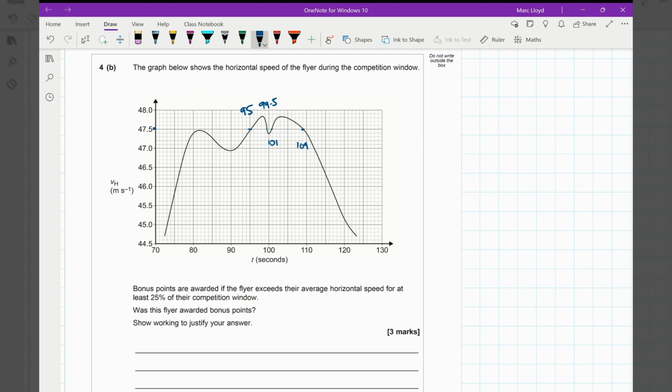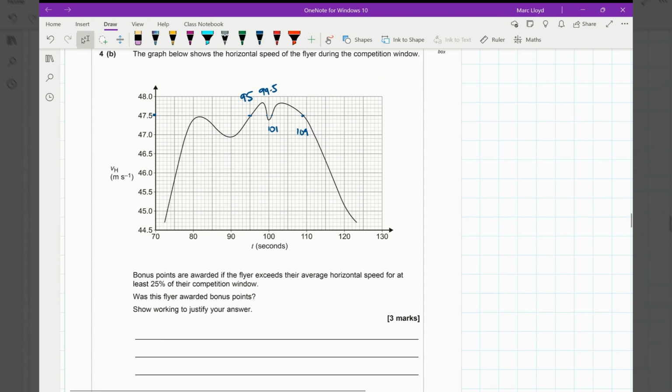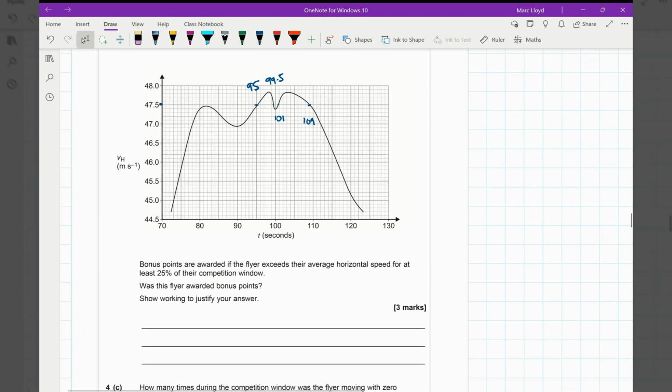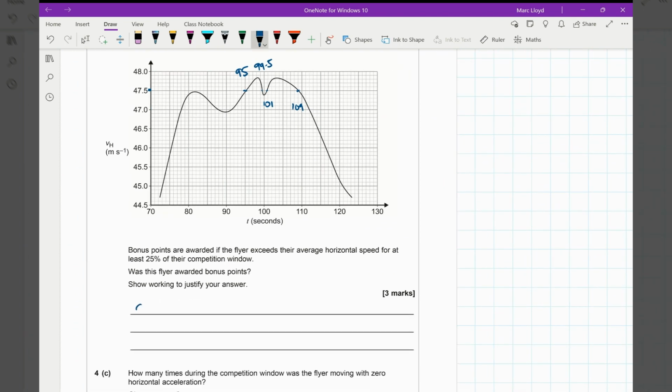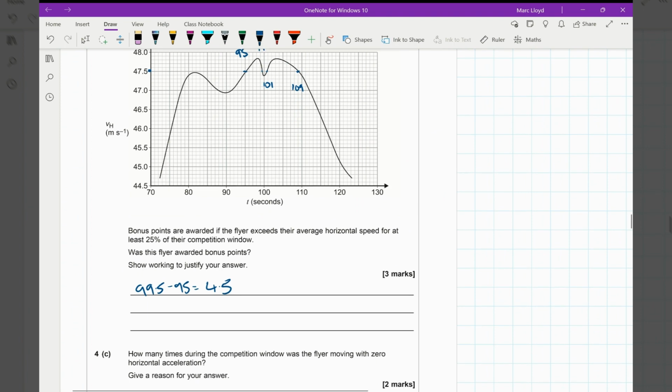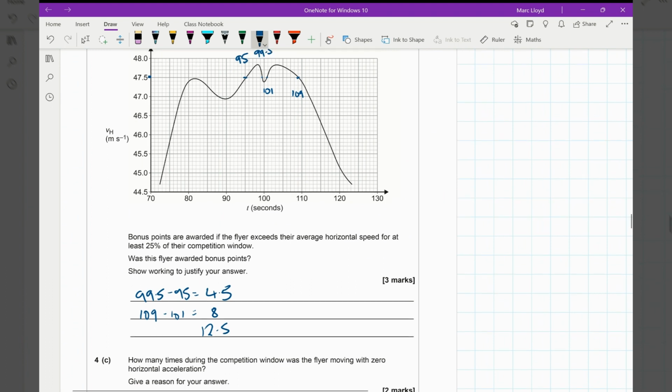So they're the times in between these bits where they are above that speed. Now 99.5 take away the 95 is 4.5, so 4.5 seconds above that speed at that time. And then 109 take away 101 gives us 8. And then if we add them together, we get 12.5. So 12.5 seconds they were above that speed.